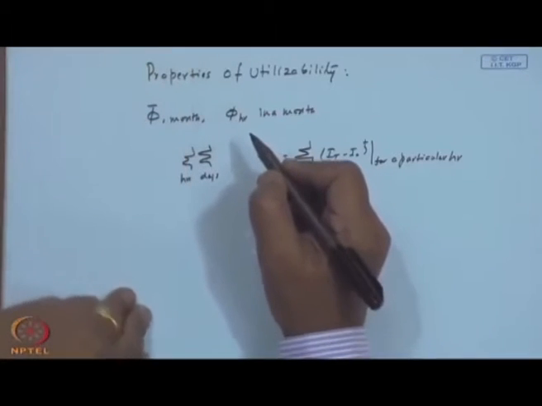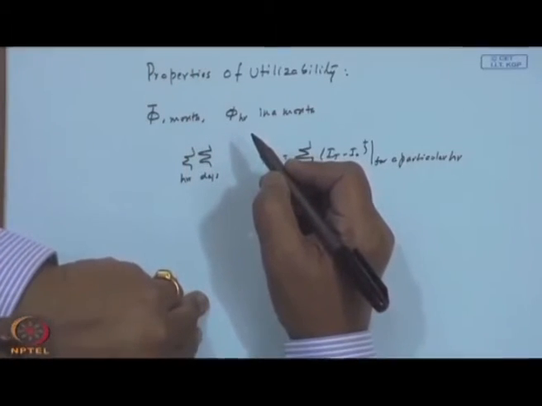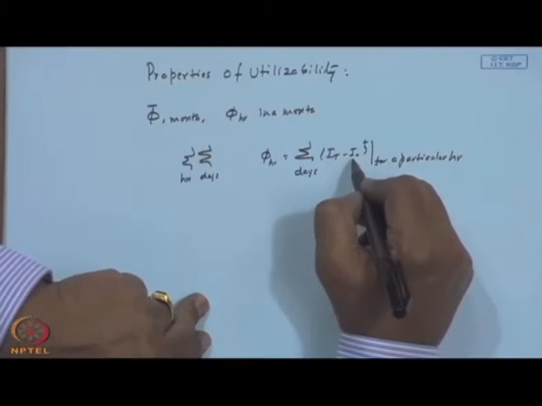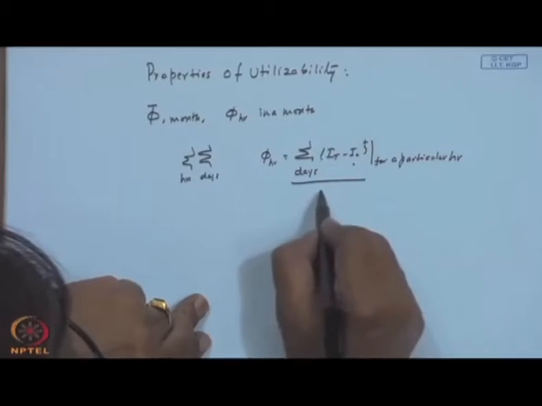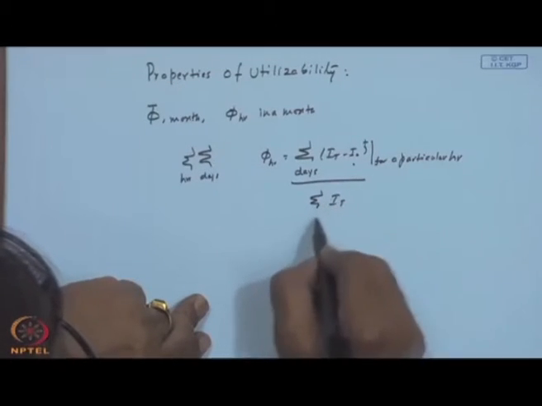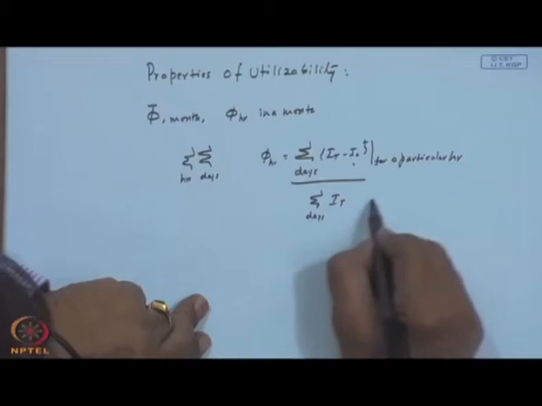So, in other words, if you consider the hour 7 to 8, I will pick up the solar radiation of 7 to 8 for all the 30 or 31 days in the month, and how many of them are above the critical level, that will be summed up. The negative contributions will be ignored, that divided by of course, sigma I t over all the days for the hour.